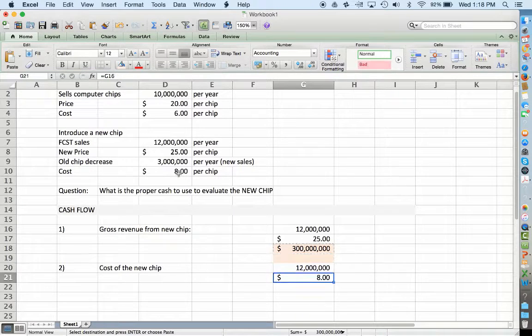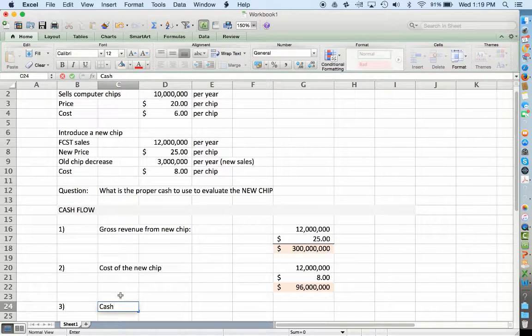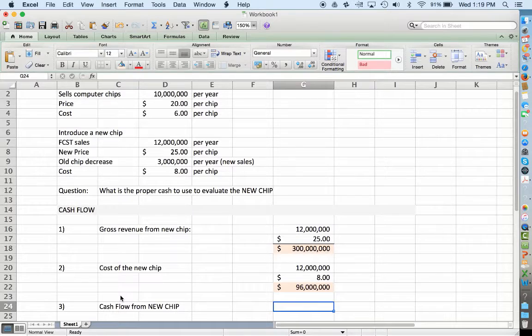And I'll get 96,000. So that gives me the ability to do the cash flow from new chip. And I can subtract those two. 300 minus 96.